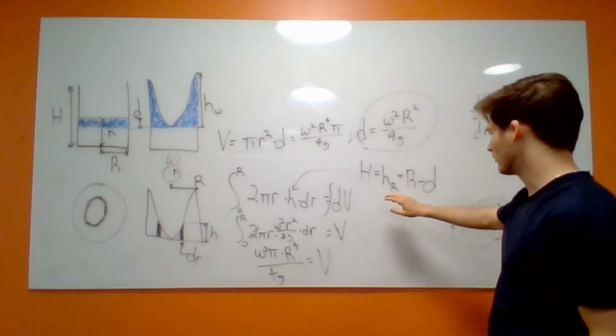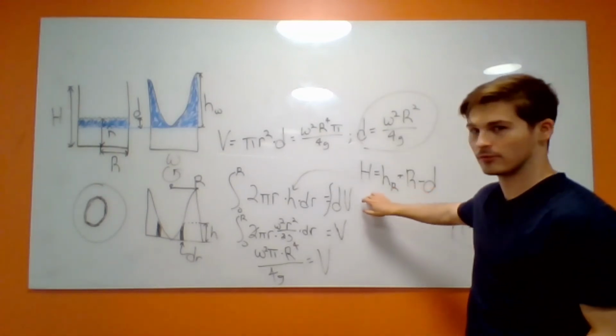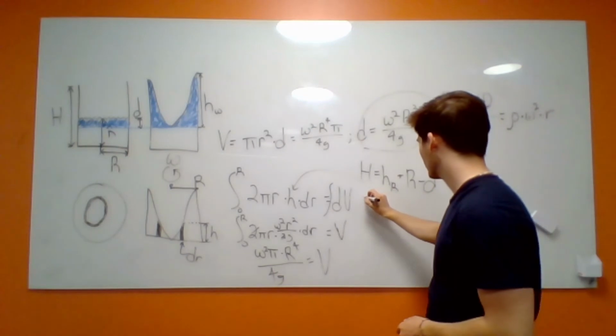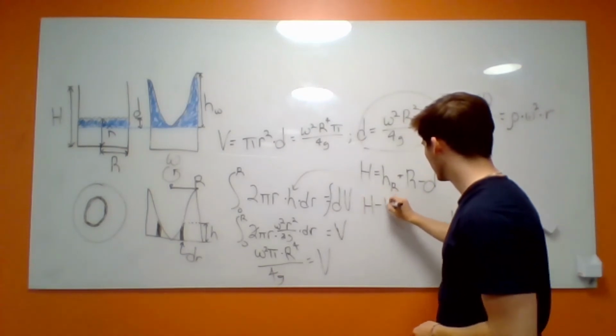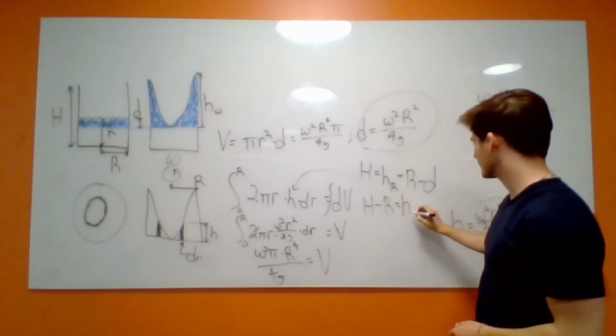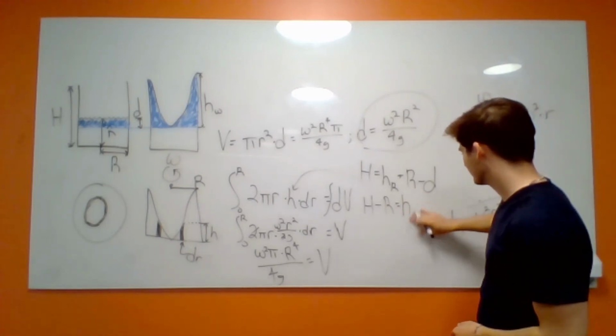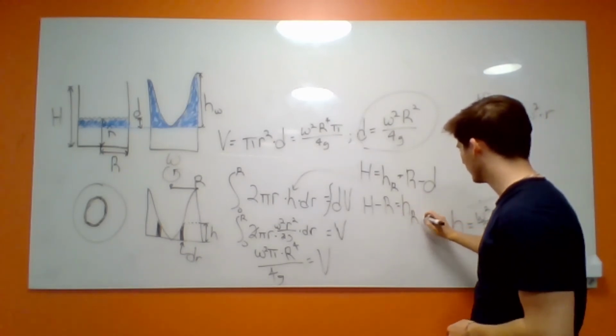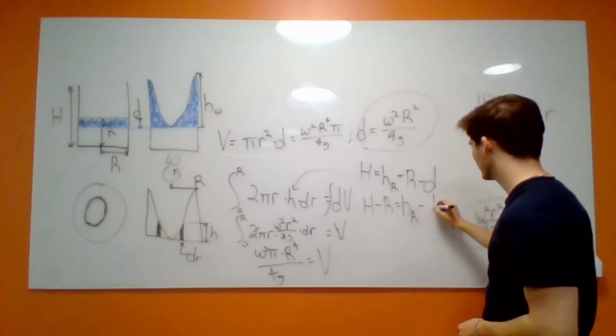Right? And so we can move r over here. We'll get h minus r is equal to our height function evaluated at the maximum radius minus d.